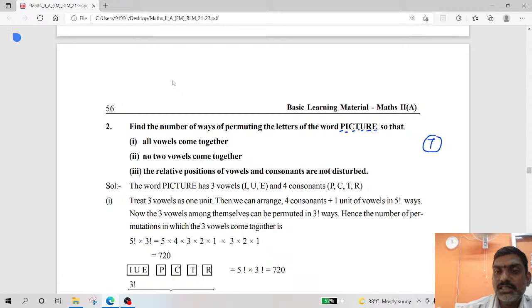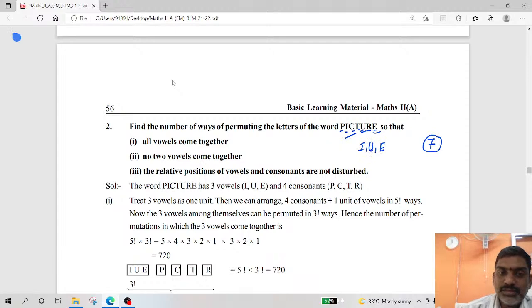In these 7 letters, P is not repeating, I is not repeating, C no repetition, T, U, R, no letters are repeating. But out of these 7 letters, the vowels are I, U, E. These are the vowels.